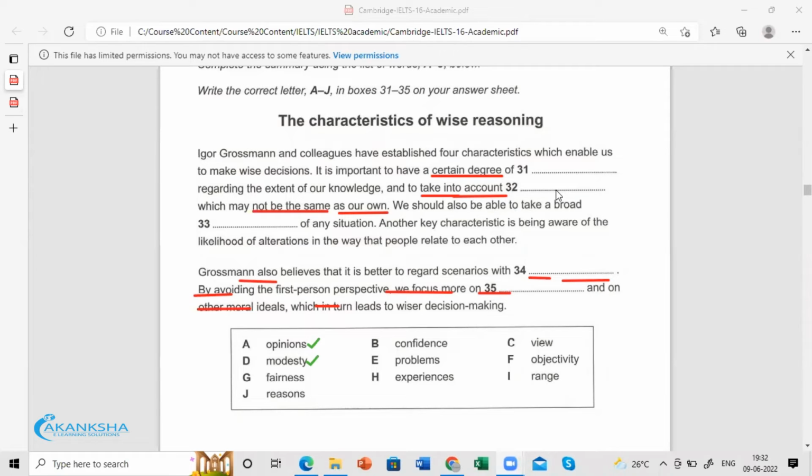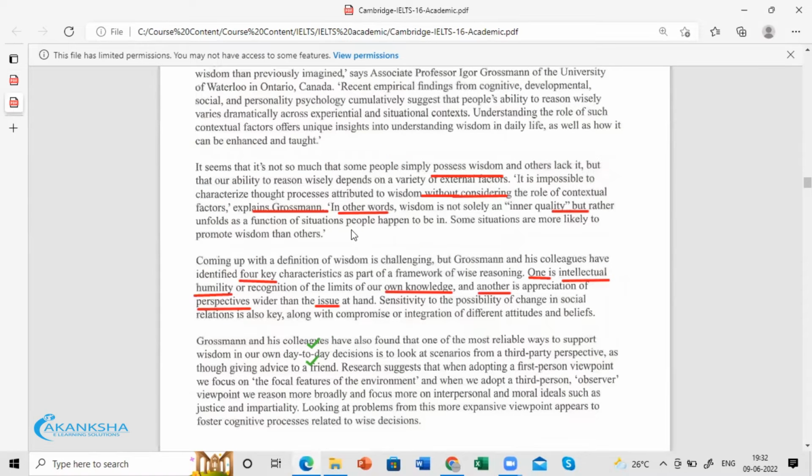Okay, and 33, we should also be able to take a broad dash of any situation. So the word broad is our key here. This adjective is our key, in fact. Take a broad dash of any situation. What is broad? The synonym of broad.